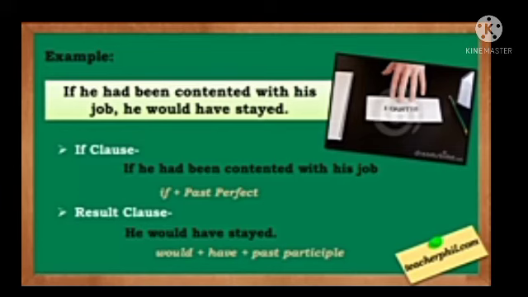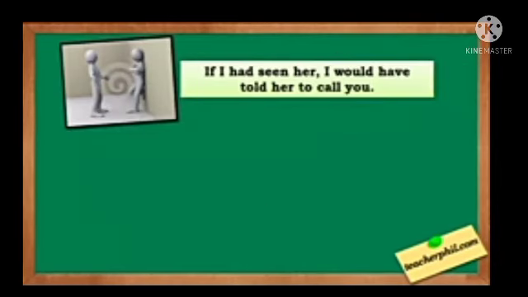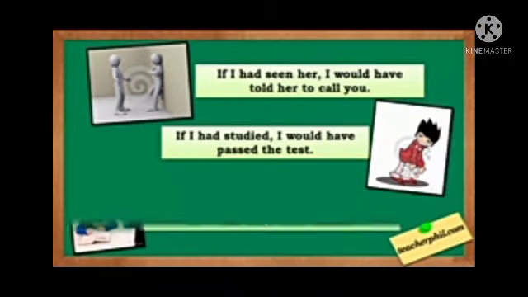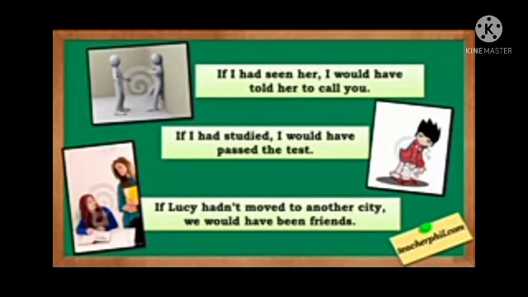Now see the next one. If I had seen her, I would have told her to call you. Second is: if I had studied, I would have passed the test. Third is: if Lucy hadn't moved to another city, we would have been friends.